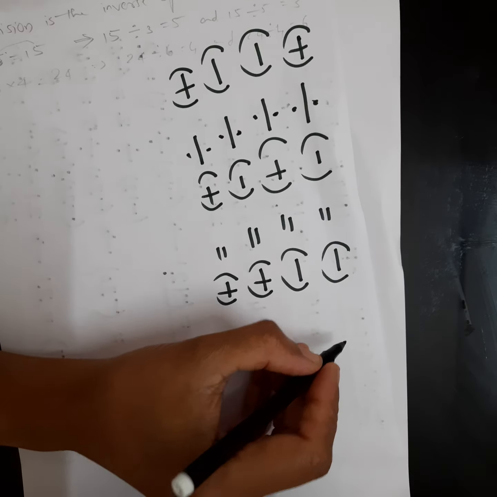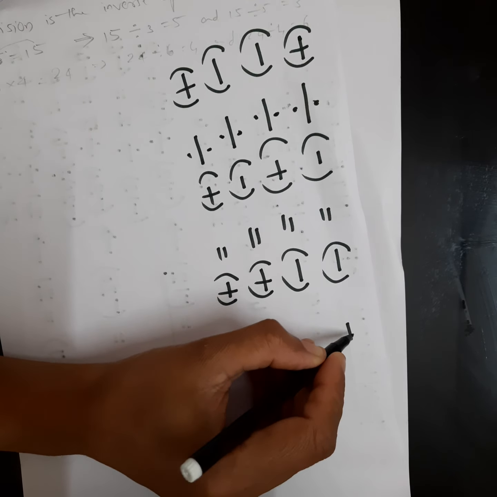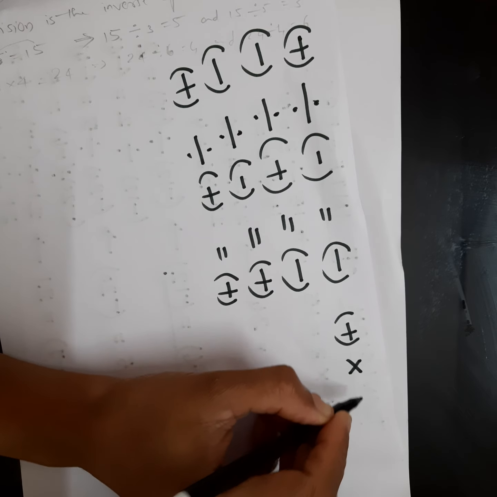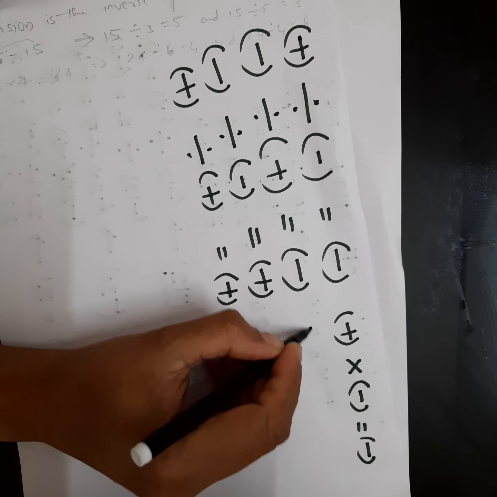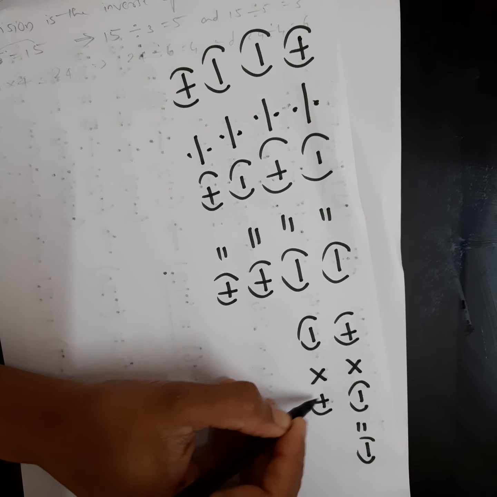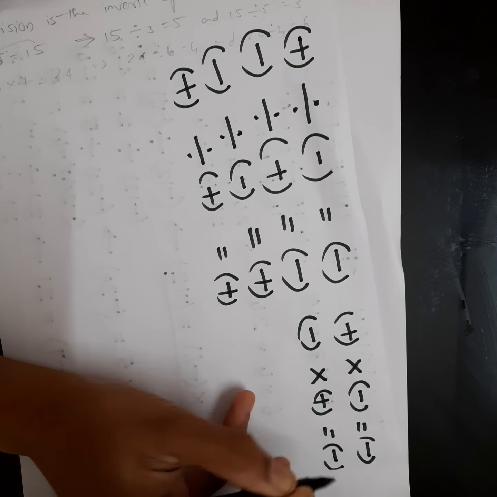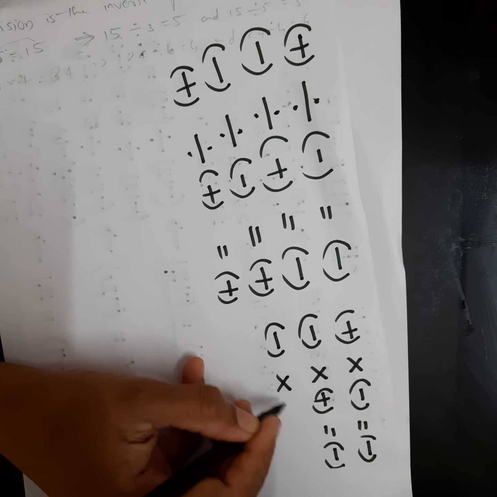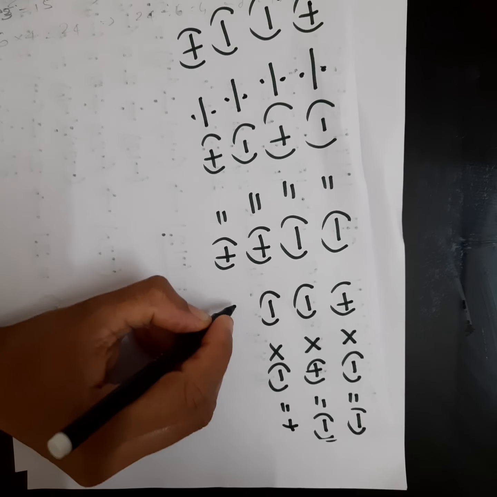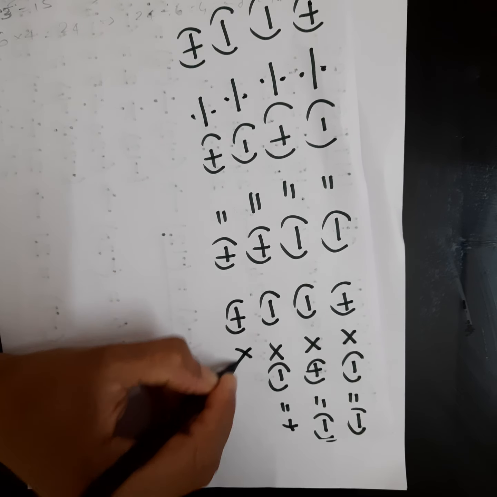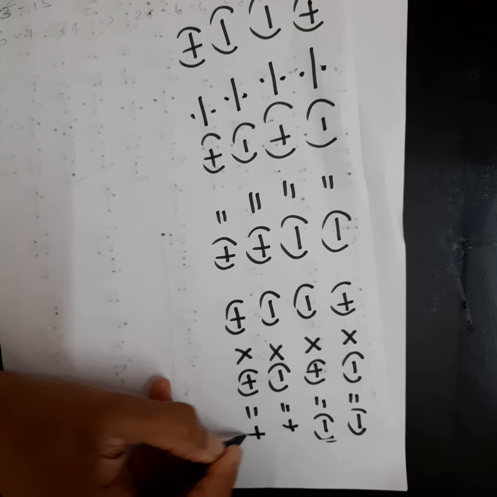You maybe remember the multiplication: positive number into negative number, answer is negative. Negative number into positive number, answer is again negative. Two negative numbers multiplying, answer is positive. Two positive numbers multiplying, answer is positive.